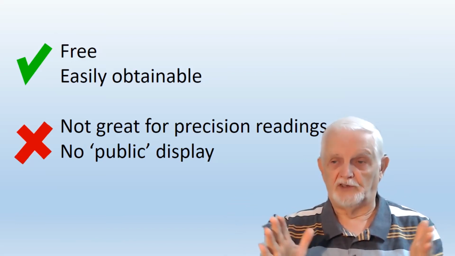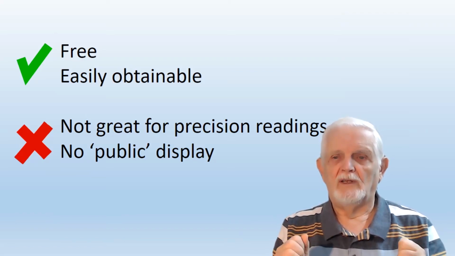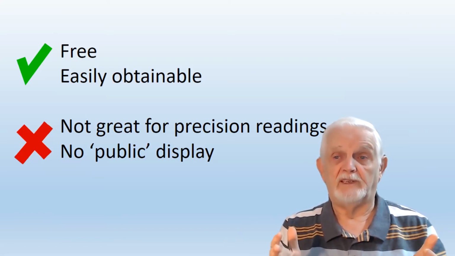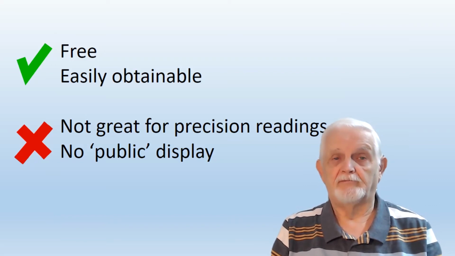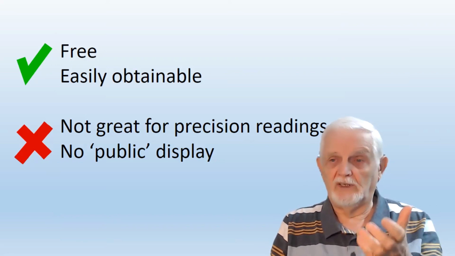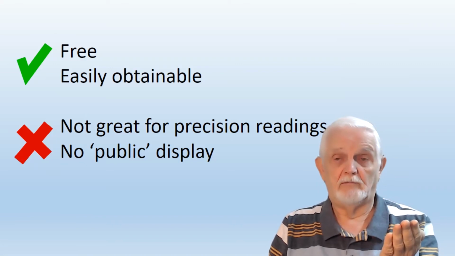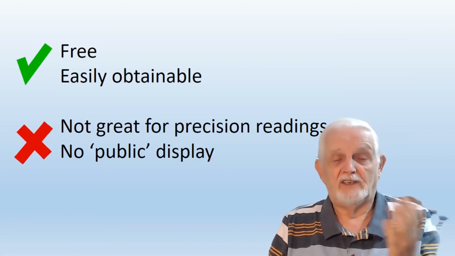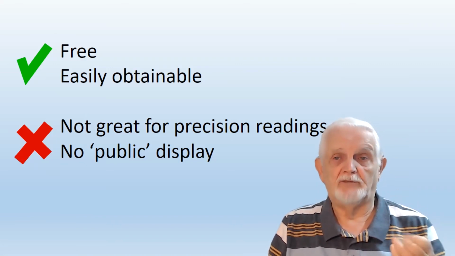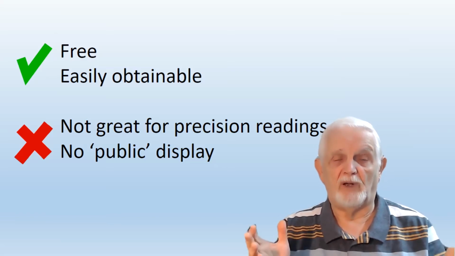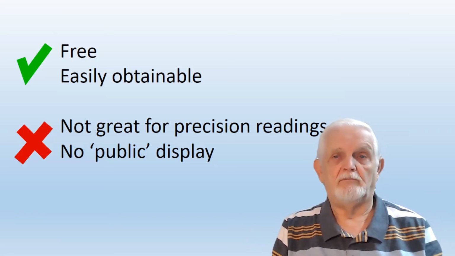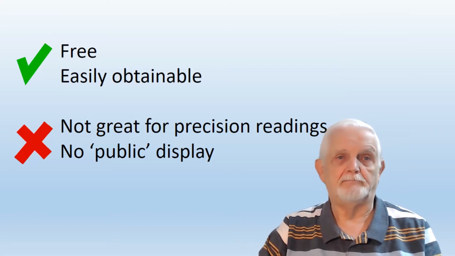And of course, the shorter the sample, then the more that comes into play to give you inaccurate readings. And it's only when you see it on your phone. So the rest of the people can't see it. So if it's designed to be shown to the public, this is not the ideal method, obviously.